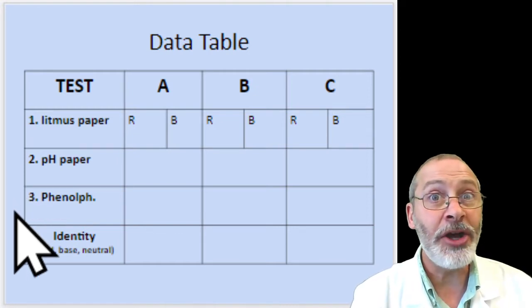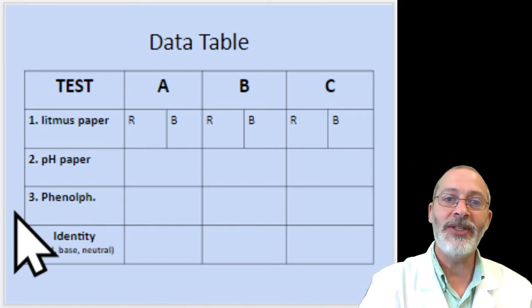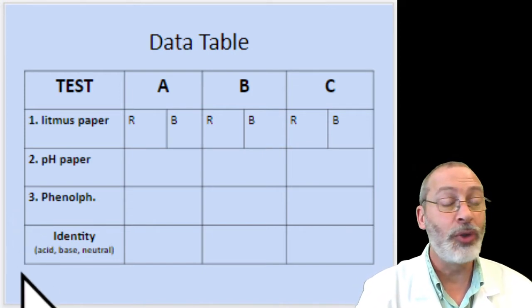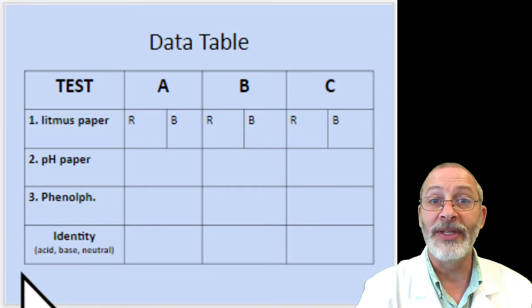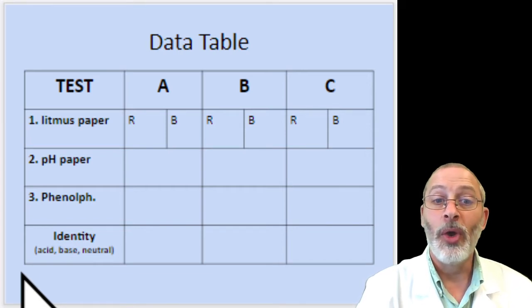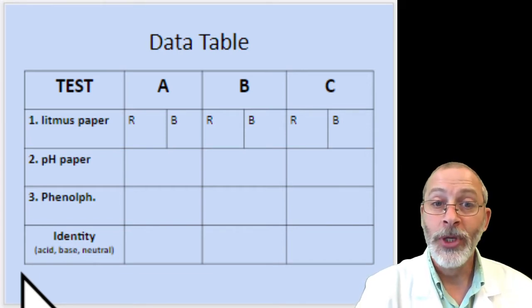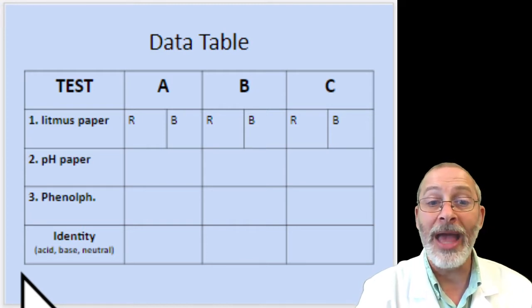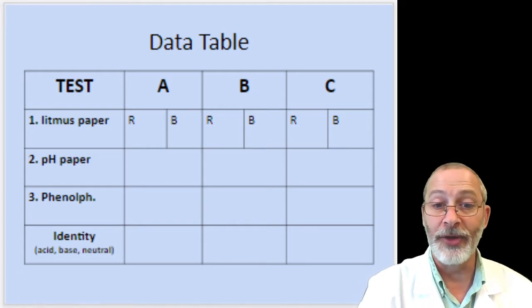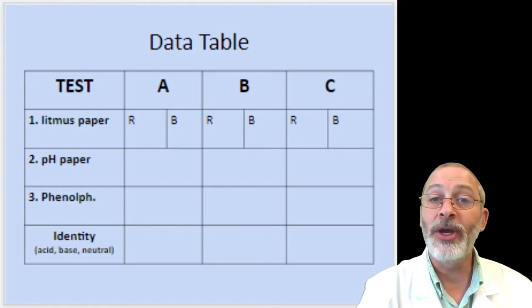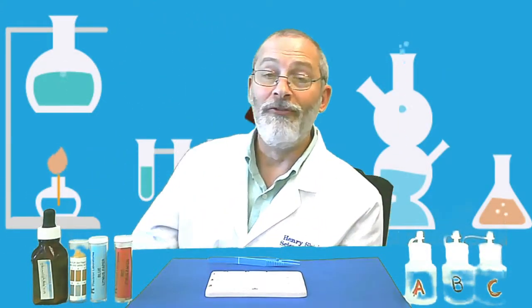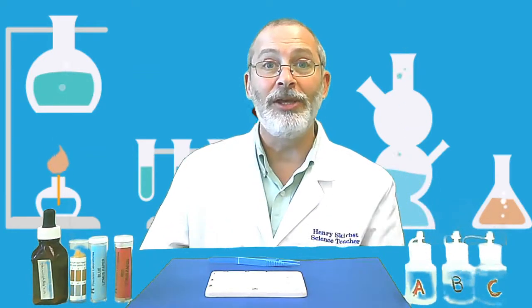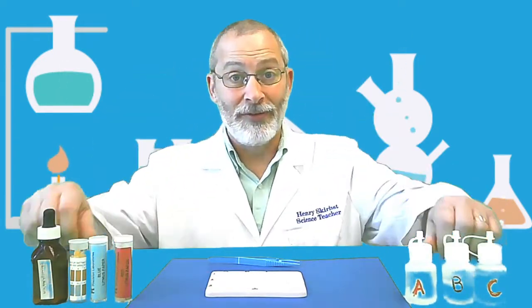The phenolphthalein test, and then we will be able to identify whether it is an acid, a base, or neutral. So you're going to be filling in the data table as we make our observations together. And so now let's go over to our virtual lab here on the video.